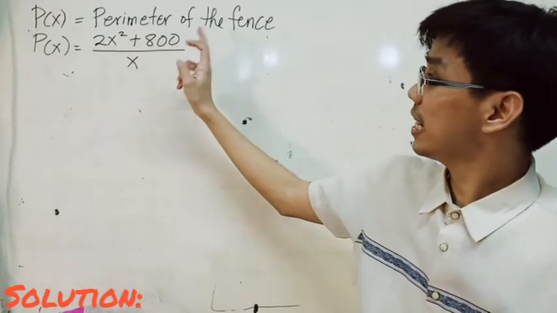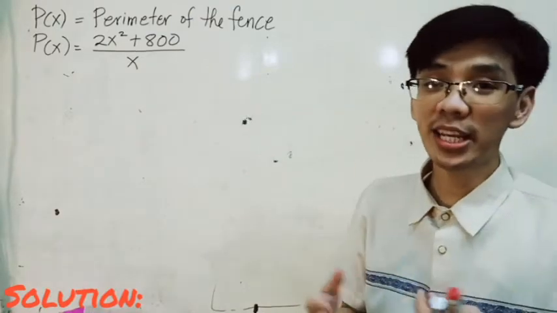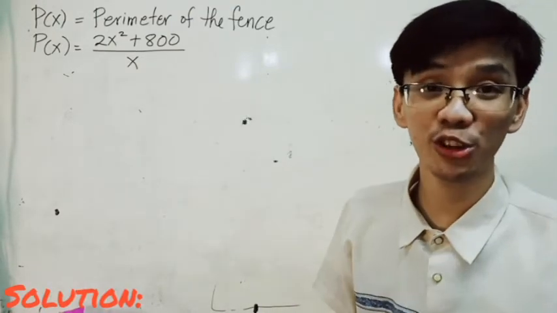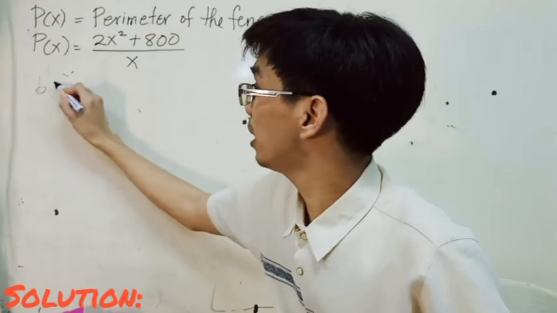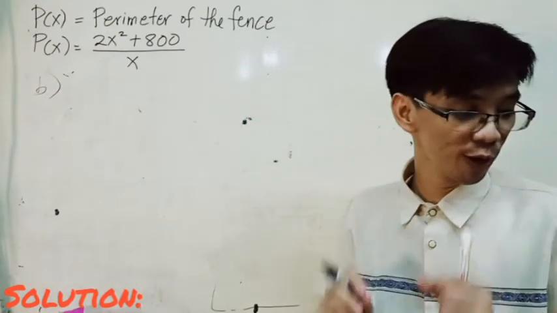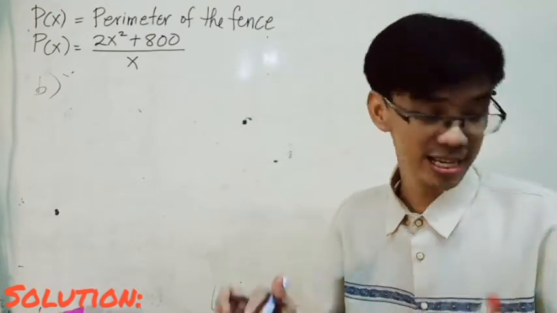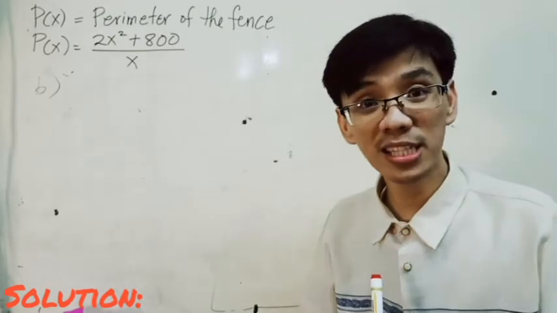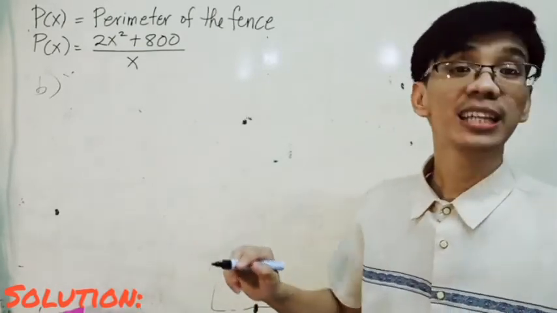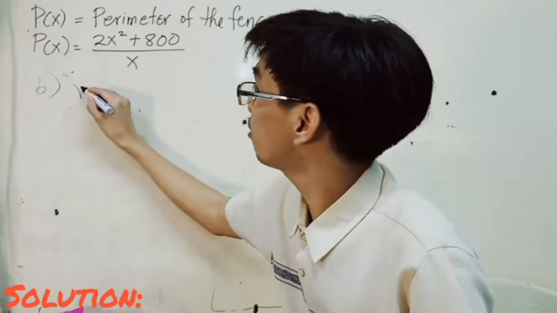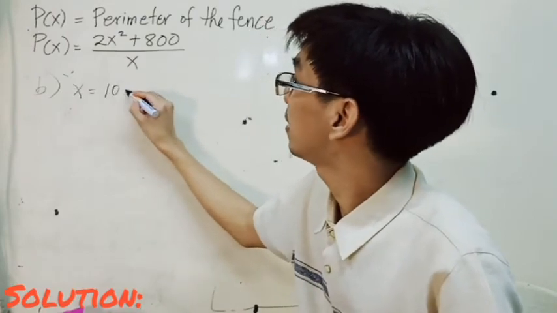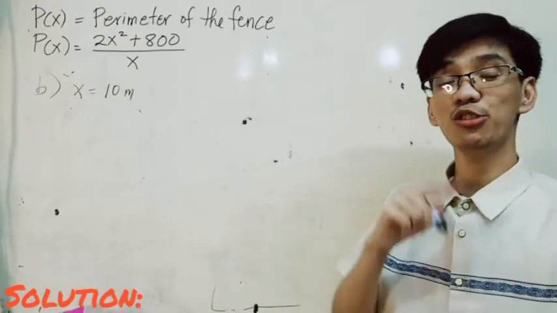So now that we already have a perimeter function for the fence, which is 2x squared plus 800 all over x, we can now compute for the question letter B, which asks us to find the perimeter of the fence if the length of one side is 10 meters. So how are we going to answer this?